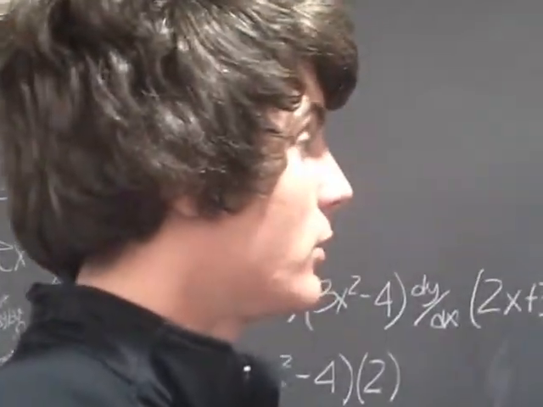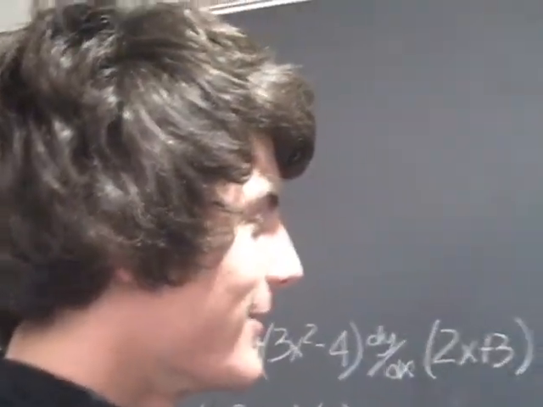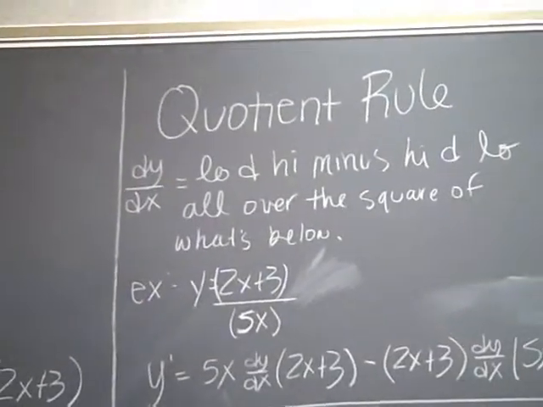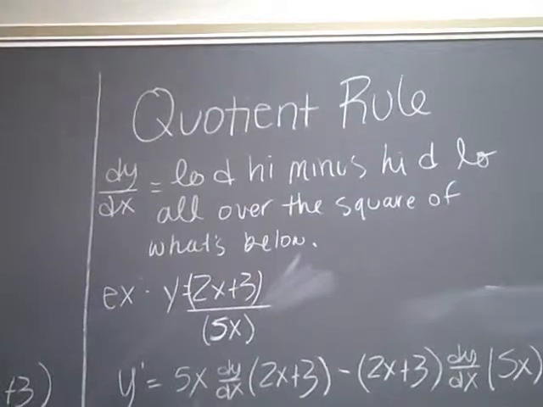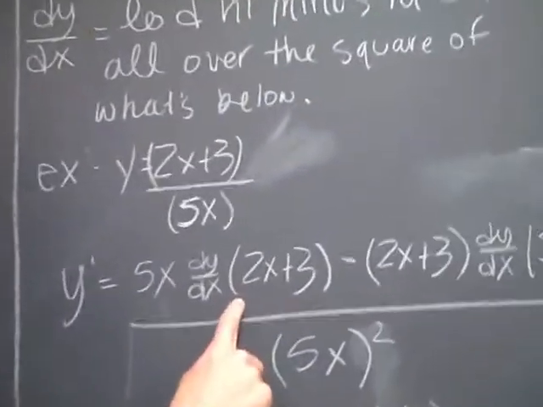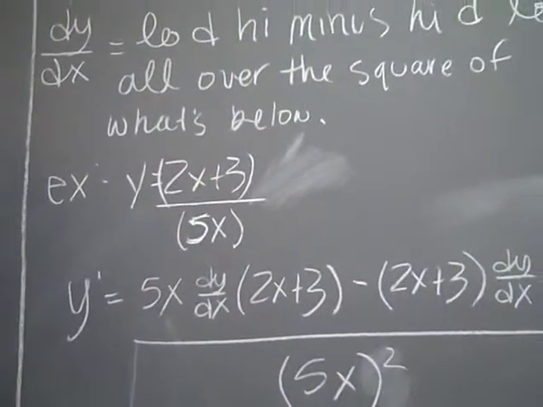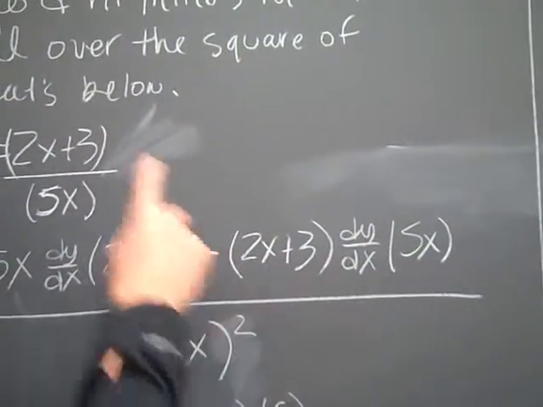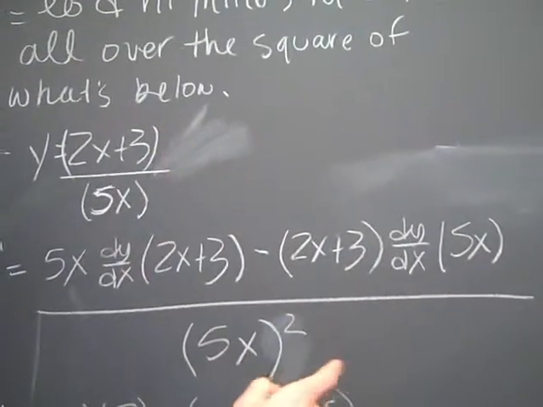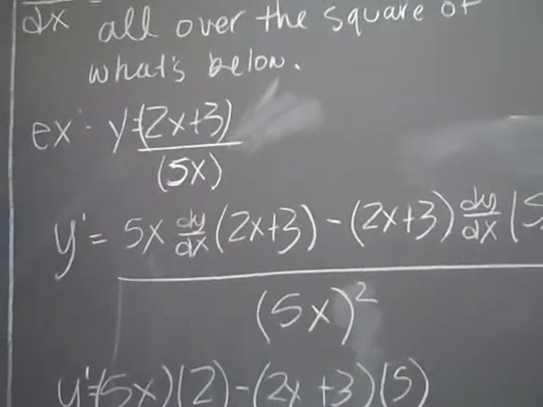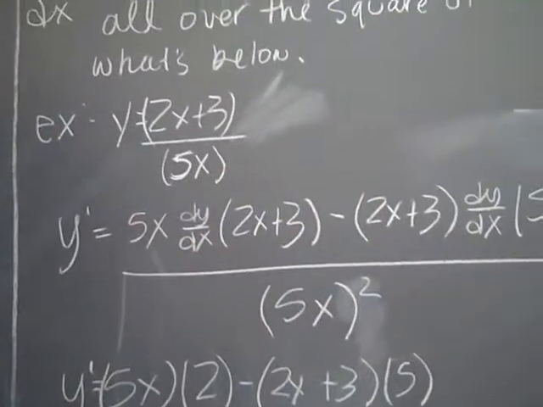The first thing you do is you take the bottom binomial and you multiply it by the derivative of the top binomial, and you subtract the top binomial multiplied by the derivative of the bottom binomial, and you put that over the bottom binomial squared.